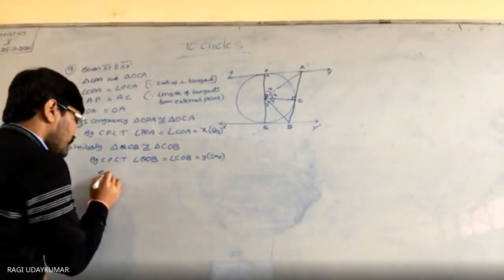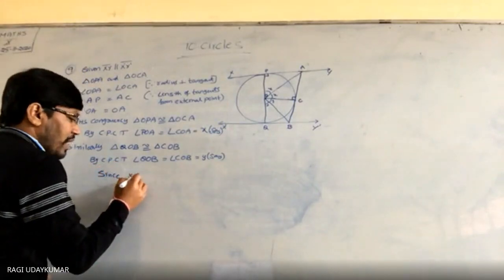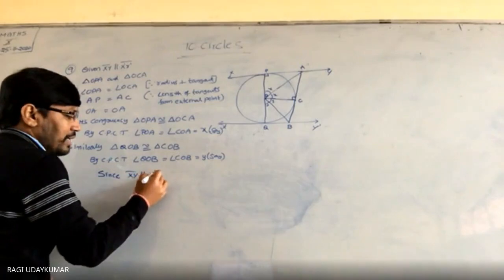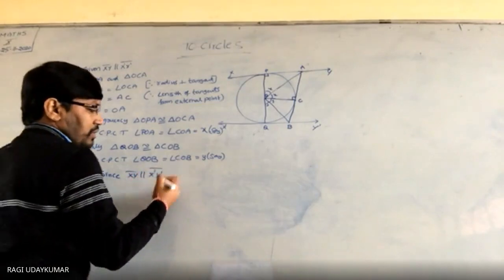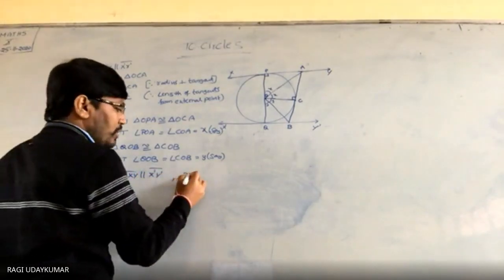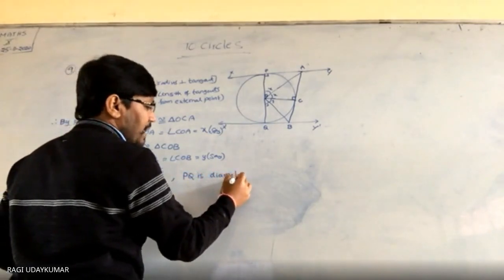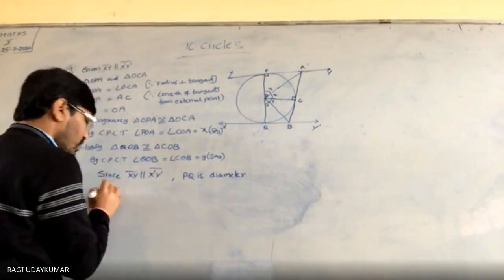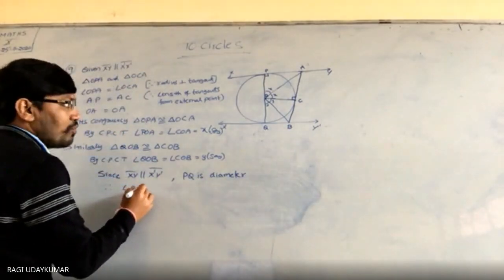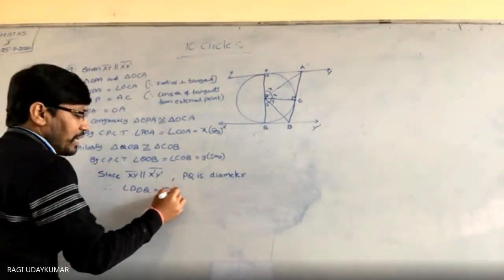Since XY is parallel to X'Y', PQ is a diameter. Therefore, angle POQ is equal to 180 degrees.